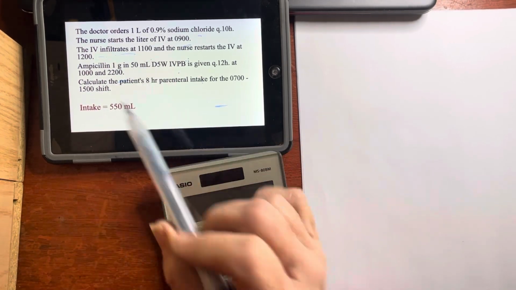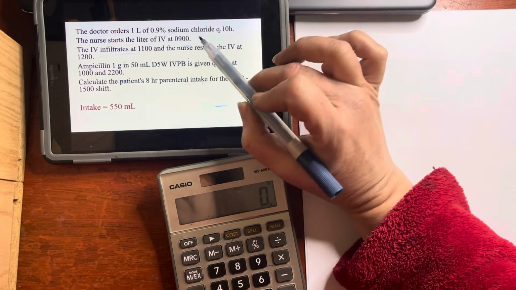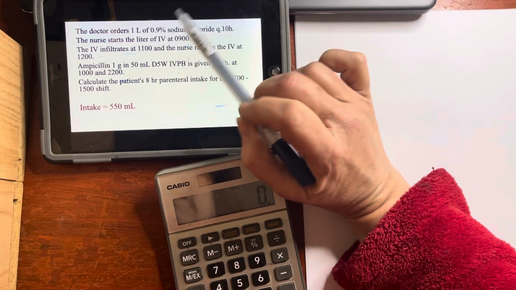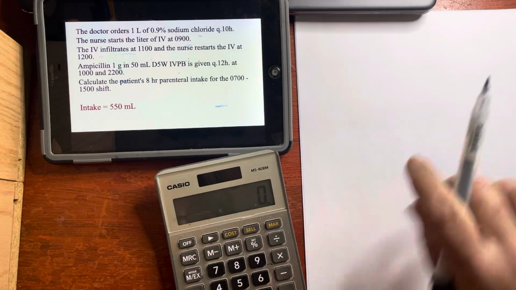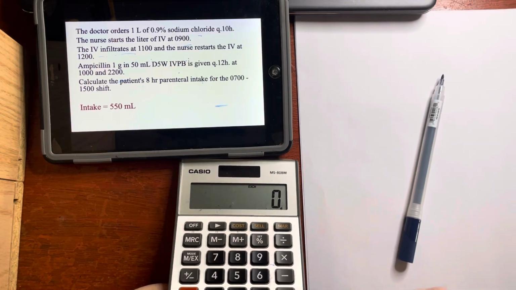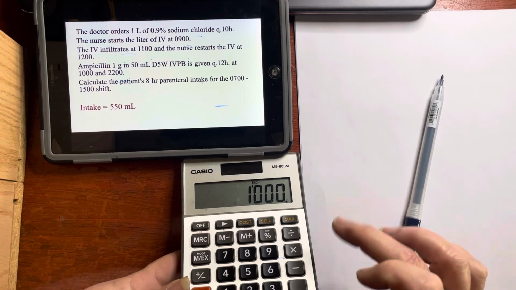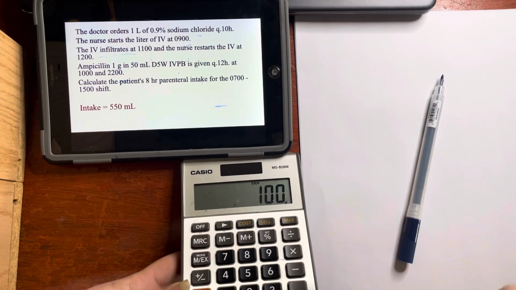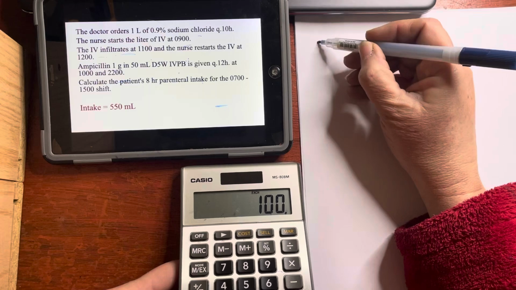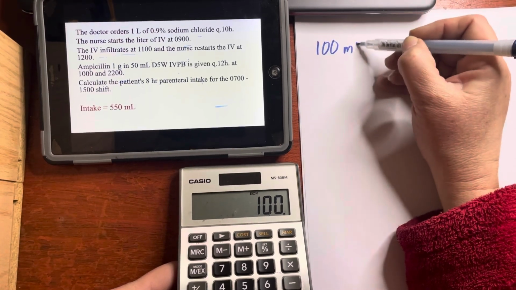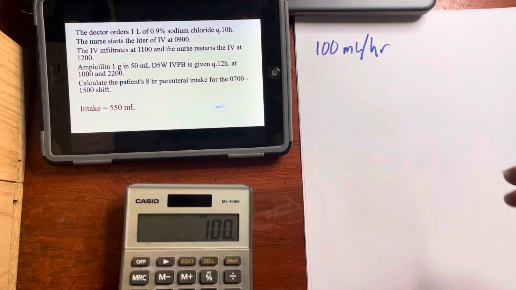So, 1 liter over 10 hours. We got to find out how many milliliters an hour it was going at. So you take your total volume, 1,000, and divide it by the hours, and it was going in at 100 milliliters per hour.